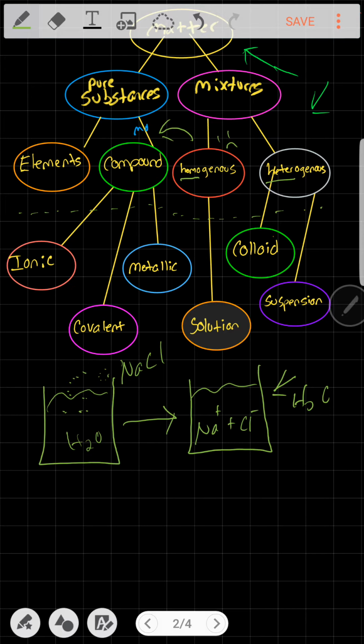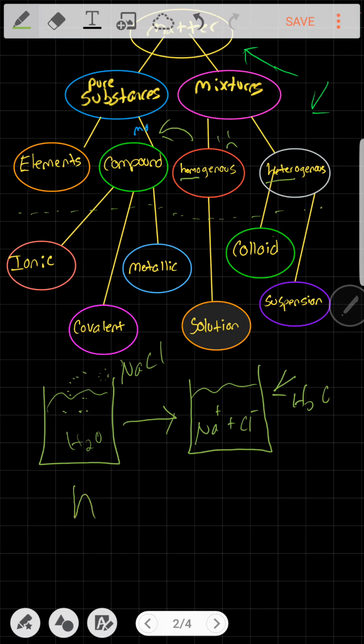So this canister looks like it's just pure water. I can't tell with the naked eye that it's not pure water. Why can't I? Because the things that are being mixed in are so small that I can't tell the difference, so it looks the same. I keep saying the word same over and over again.